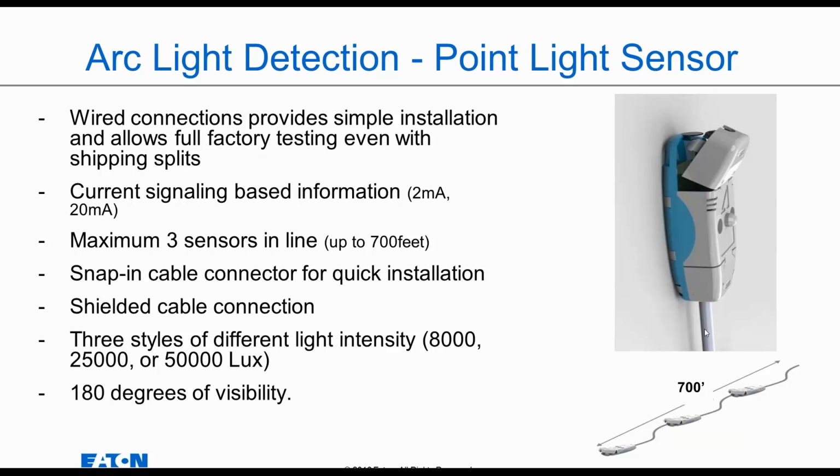If you're shipping equipment, one thing that is very tough is trying to run that fiber optic cable between shipping splits or between the switchgear. With this, when it's an electrical signal, you can have plugs and run the shielded cable between the switchgear.